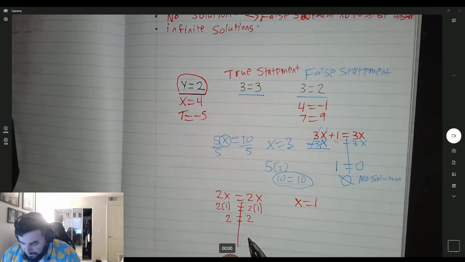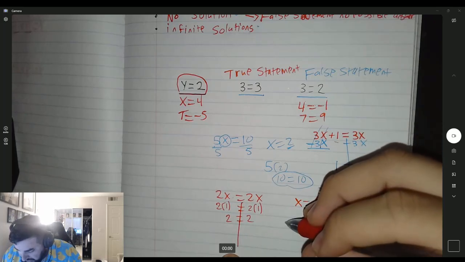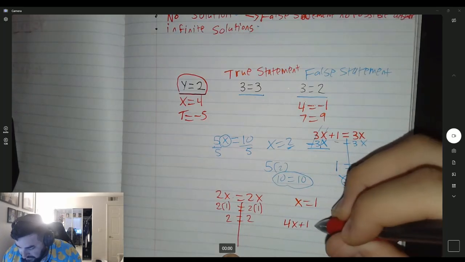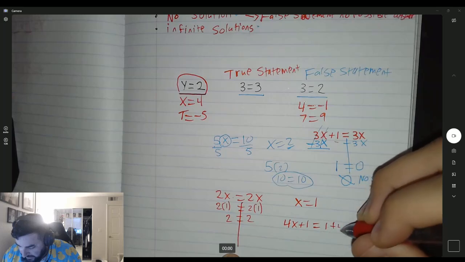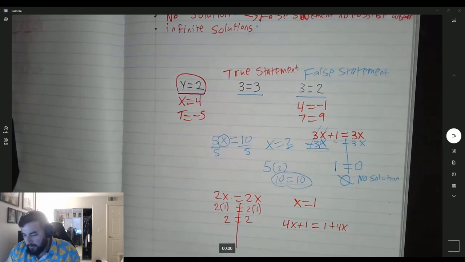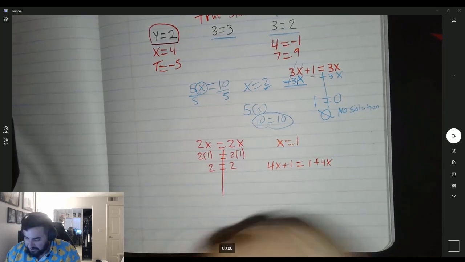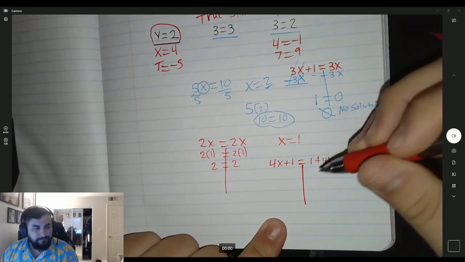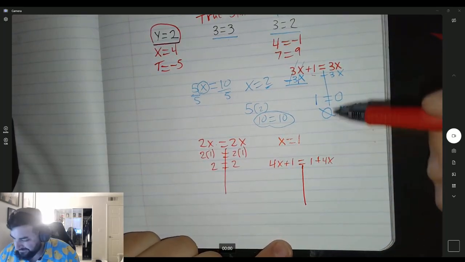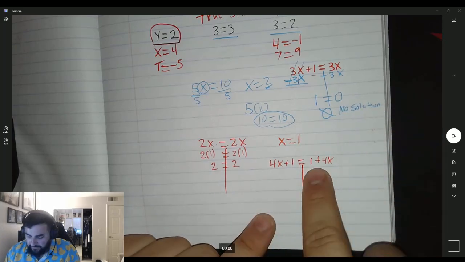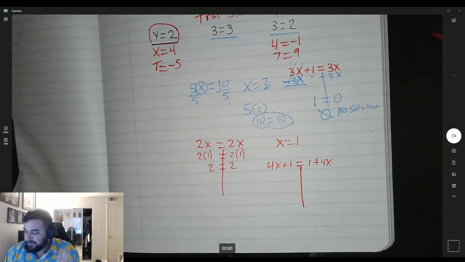Now let's think about another equation. I'll make up another one. Watch this. 4x plus 1 is equal to 1 plus 4x. Are both those sides the same? You have to ask yourself that question. Are these identical to each other? I don't think so, because look, the 1 and 4x flipped. But that's not always the case.